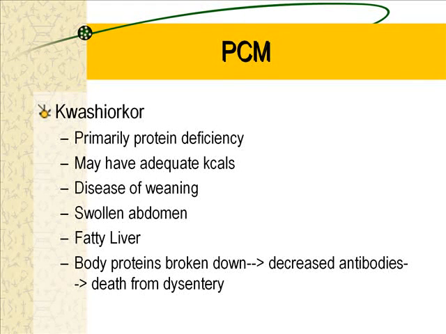Also, the body proteins that are broken down sometimes become the antibodies. We break those down for energy or for other tissue regeneration in the body, so we don't have a strong immune system. Those antibodies aren't available.